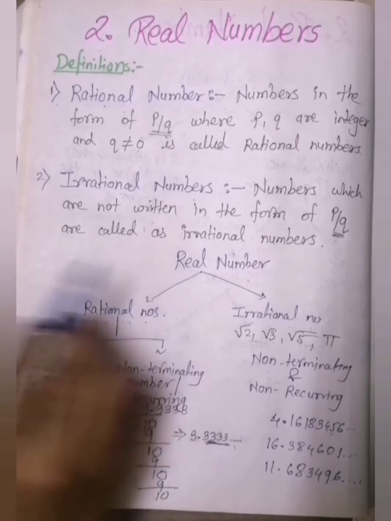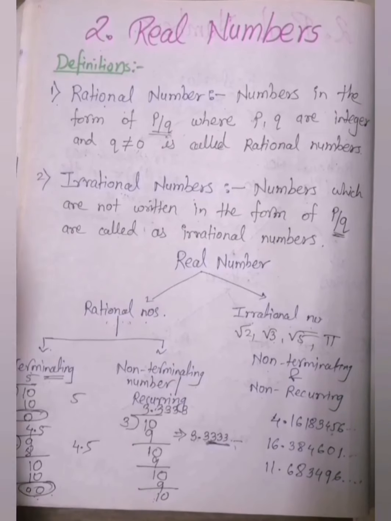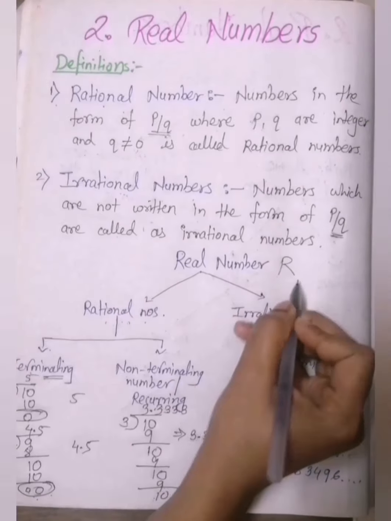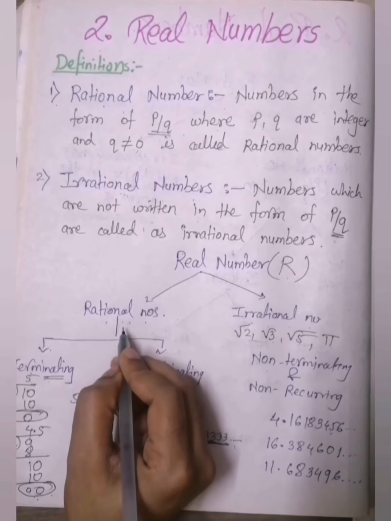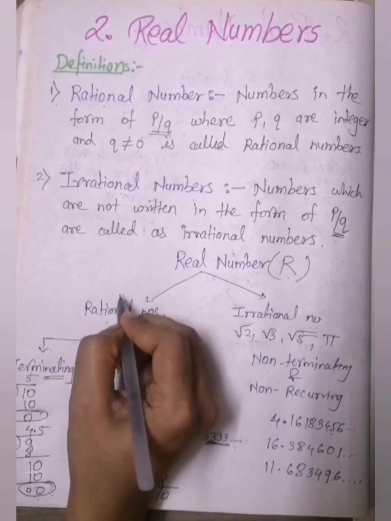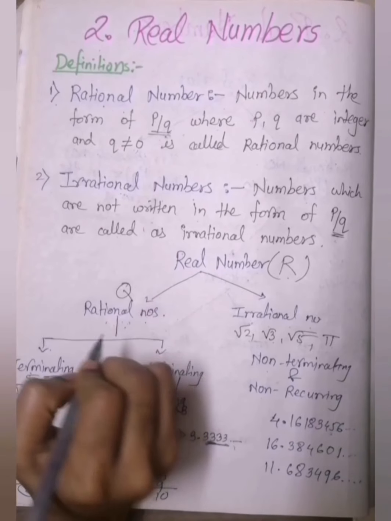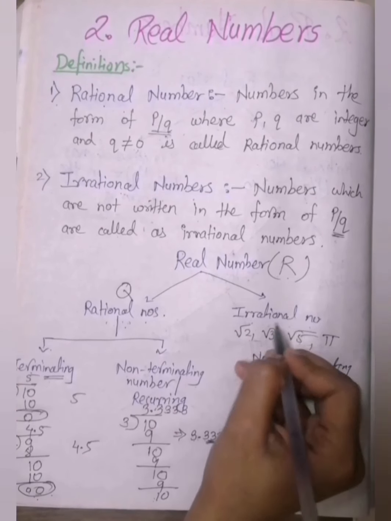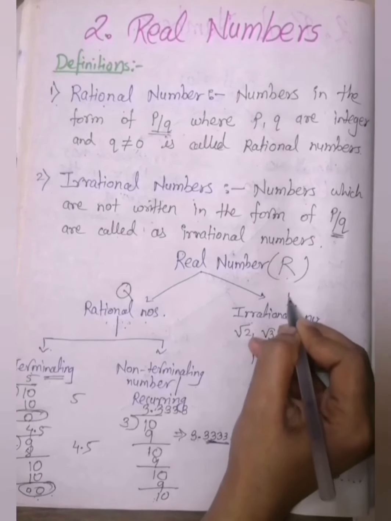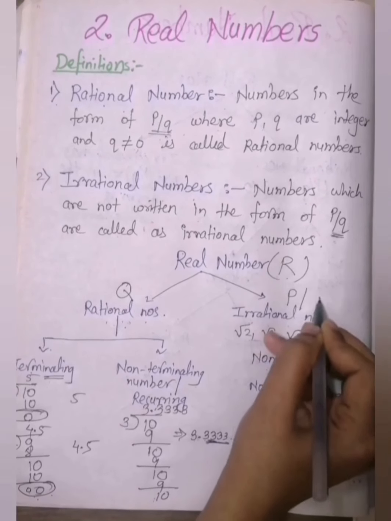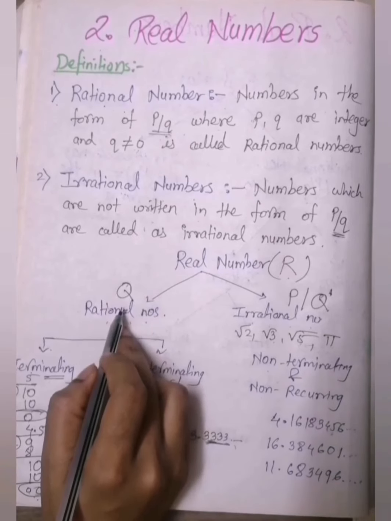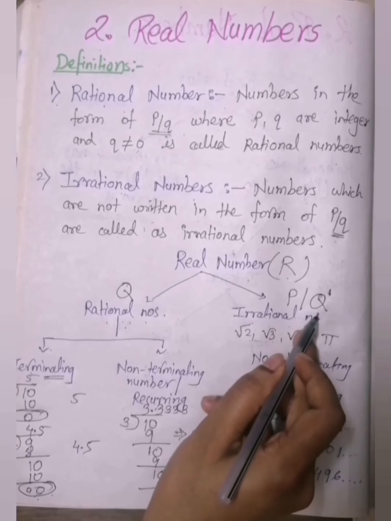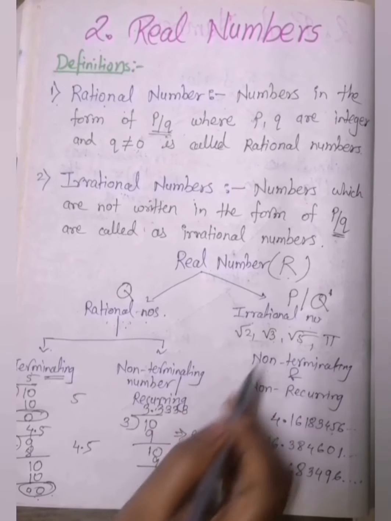Real numbers we can denote with a capital R, meaning this is the set of real numbers, and rational numbers we can denote with a capital Q. Clear? And irrational numbers we can denote with a capital P or Q dash. Clear? So in this way we can denote these sets of numbers with letters.